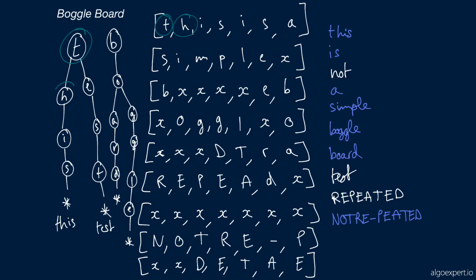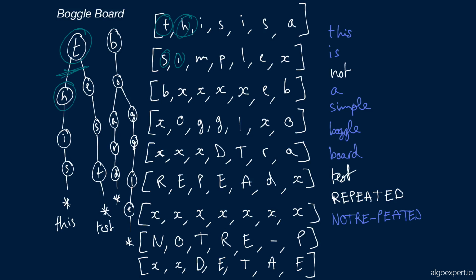Now we can dive one level deeper into the tree. And these are all constant time operations, right? Like checking if T was at the root level of our tree was just accessing a value in a hash table. And then checking if H, I, or S were in our tree at this level was similarly just accessing a value in a hash table and seeing if you got anything out of it.